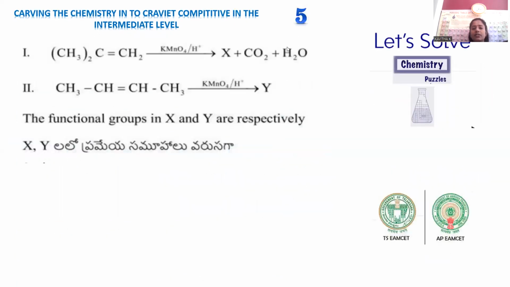And this is another question, question number 5, which is collected from the recently conducted 2023 Telangana EAMCET examination, right? So here, if you see this, this is the 4 carbon chain. CH3, CH3 are located on this carbon, double bond CH2. We can say isobutene. What is the name? Isobutene is the name of the compound.